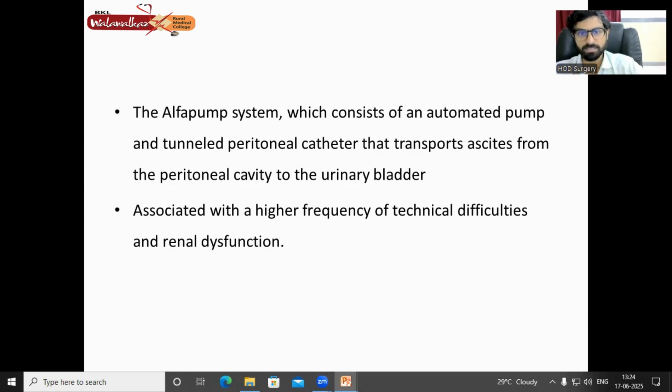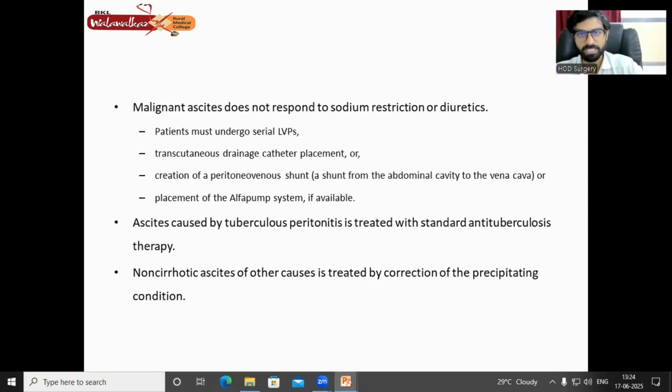Other techniques include use of the alpha pump system, which consists of an automated pump and tunneled peritoneal catheter that transports ascites from the peritoneal cavity to the urinary bladder. This is associated with a higher frequency of technical difficulties and also renal dysfunction. Malignant ascites does not respond to sodium restriction or diuretics.